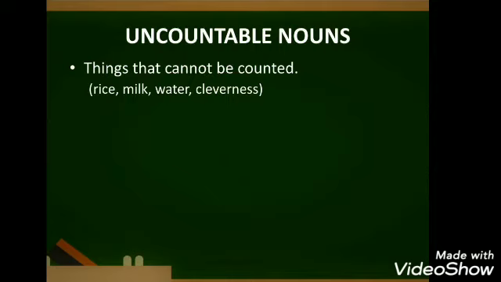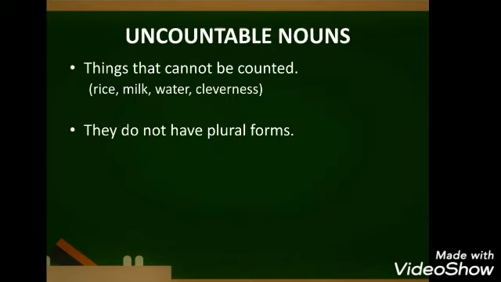So dear students, we cannot count rice or milk or water or cleverness. The second point is they do not have plural forms. Therefore, we cannot use S or ES with the uncountable nouns. We cannot say rices or milks or waters or clevernesses.